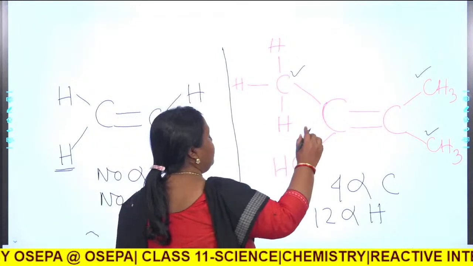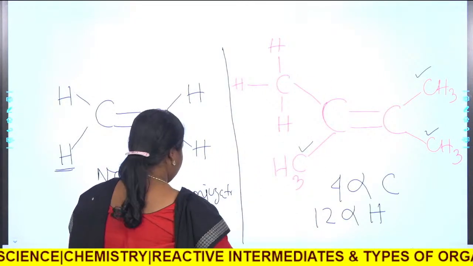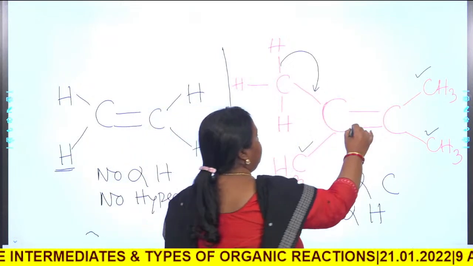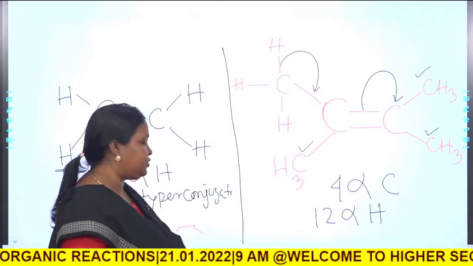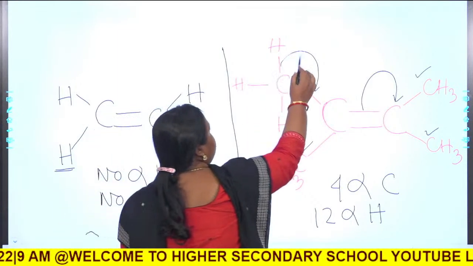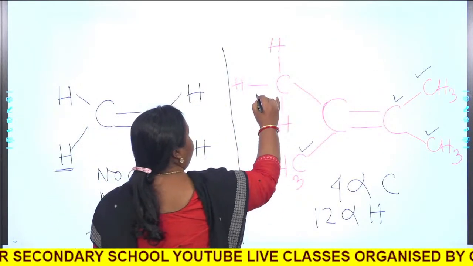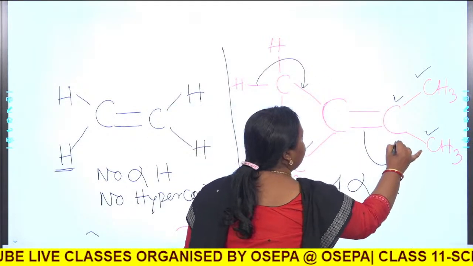See how you can write them. If this bond migrates, then this bond will migrate to this carbon. This is one hyperconjugating structure. Then again, this bond migrates, and this bond will migrate to this carbon.